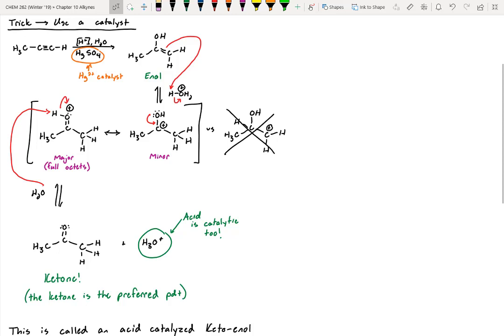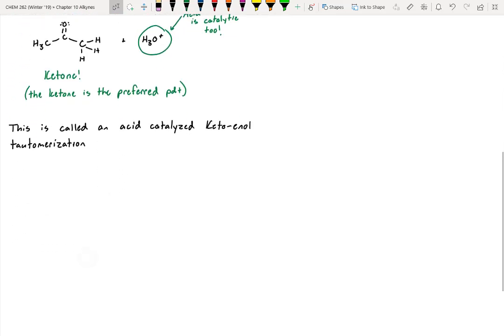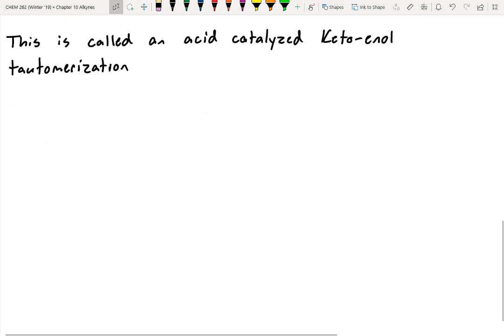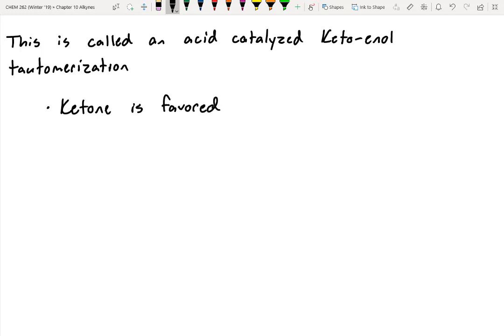No, we just shuffled hydrogens around. So a tautomerization reaction is a reaction in which you're just moving hydrogens around, but not changing the molecular formula. So this is a good example of a tautomerization reaction. Okay, so let's make a note that the ketone is favored at equilibrium.